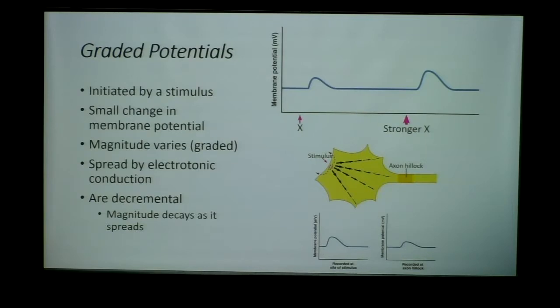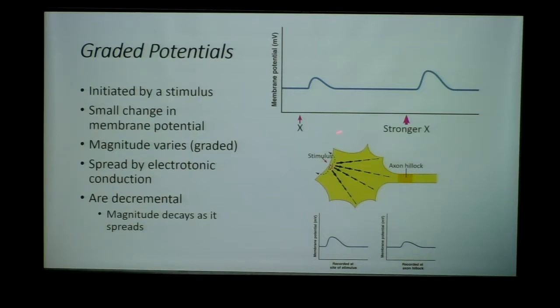When we have that separation of charge, right, we create this battery type environment where we have this potential, this possibility, this stored energy to do work. And so the movement of these ions is how we have this being propagated or spread along the length of the axon. Also here, they're decremental.